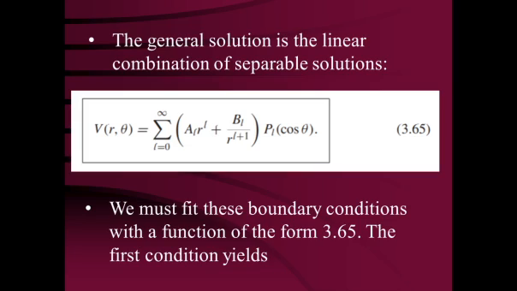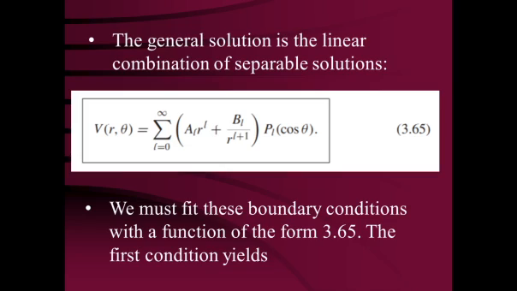Now, in this general solution, we can fit our boundary conditions. What is the first boundary condition? Small r is equal to capital R, because on the surface of the sphere the potential is specified. So, that is the first boundary, where the potential is 0.